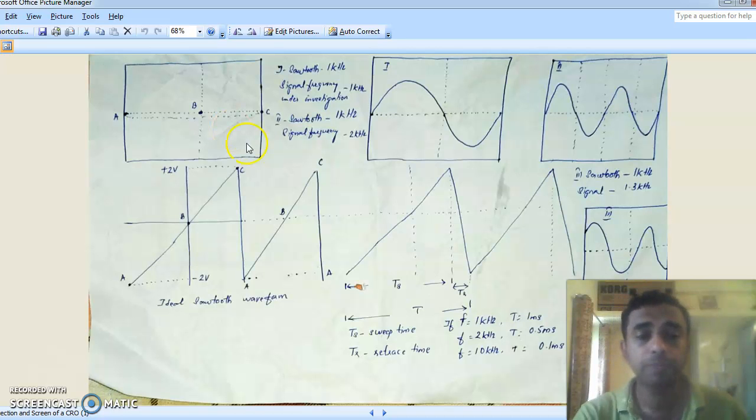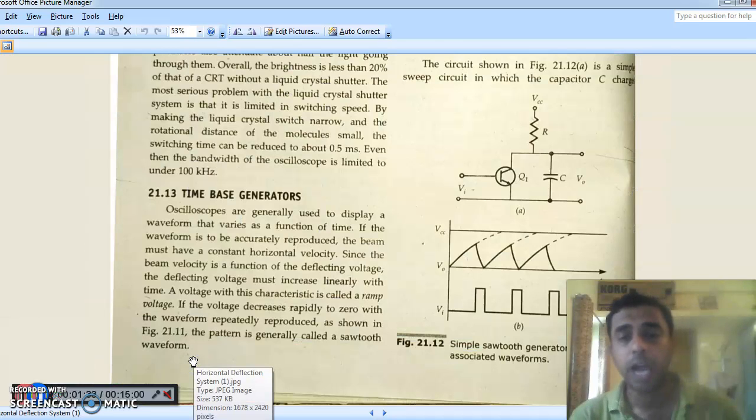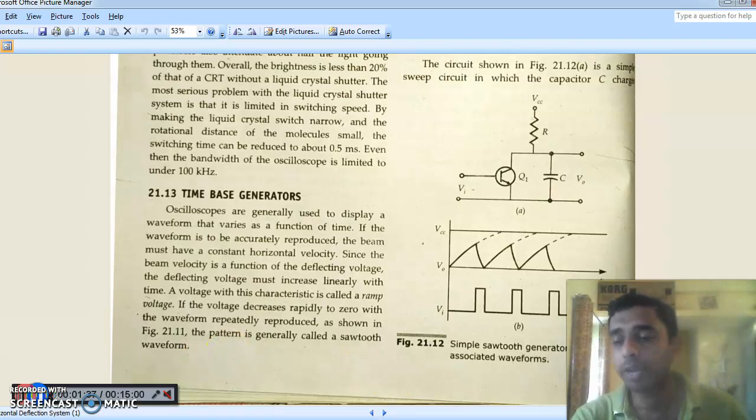That is one thing. The next thing is that yesterday we saw a basic circuit of a sweep generator, where a capacitor is charged through a resistance R towards VCC, and we apply a train of pulses. When we apply it, the transistor will turn on and the capacitor will find a path to discharge.